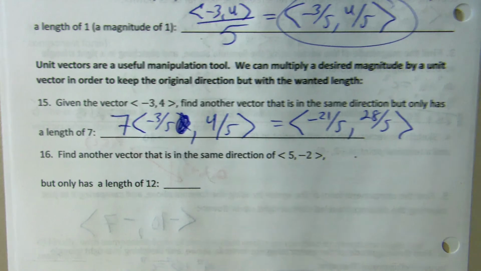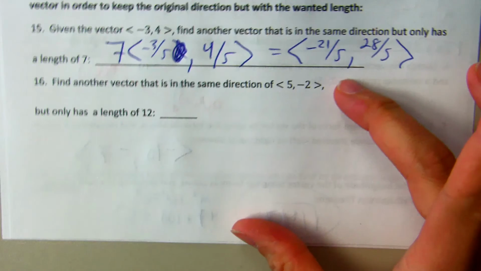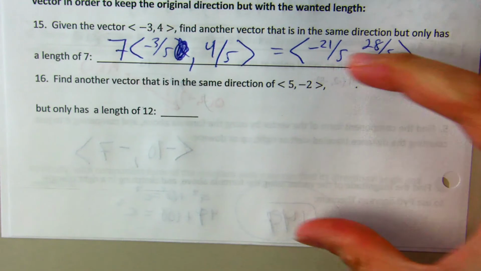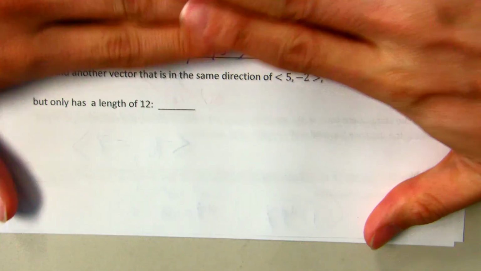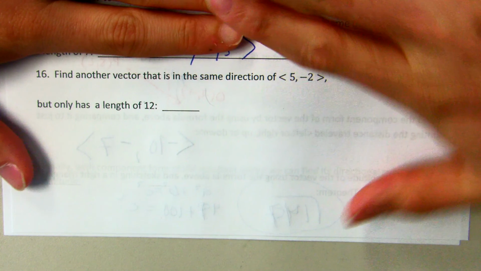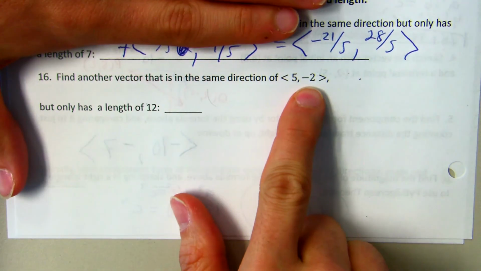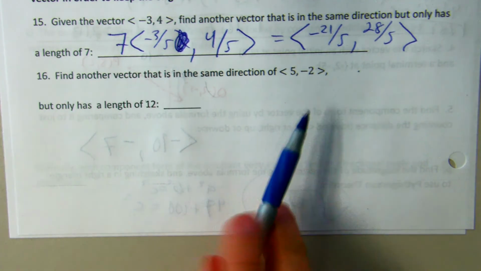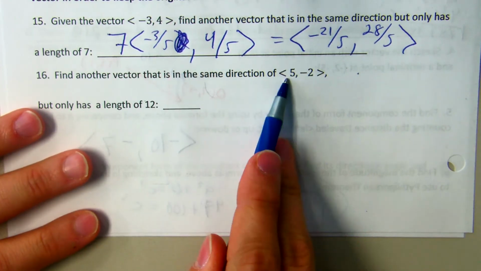Okay, so last question we'll look at, and then that's for today. We want to find another vector. This is how it's usually phrased to you. The last 4 questions were just inching towards that. Usually it's going to say find another vector in the direction of this vector, but one that has a length of 12. Well, what is this thing?